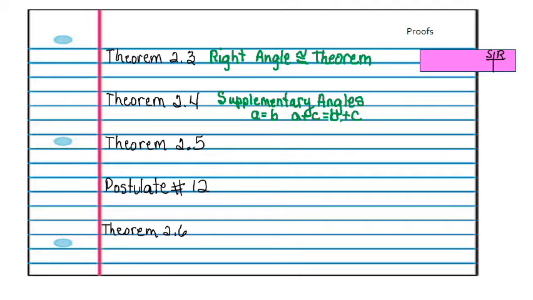The next one after that is theorem 2.5, which uses complementary angles, and it has the same process going on as the supplementary angles, that if one angle is complementary to another angle, then another angle that is the same size as the first will also be complementary to that angle.